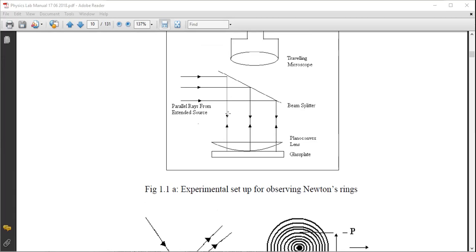Some light is getting reflected from the curved surface, some from the plane surface, and some is transmitted through the curved surface. Here you can observe, we have just studied wedge shaped film interference. So this is like a wedge shaped film. If this lens is making an angle theta with the plane glass, it is like a wedge shaped film.